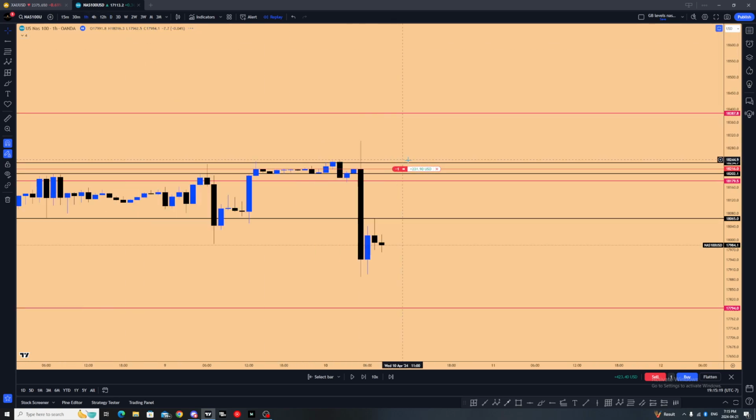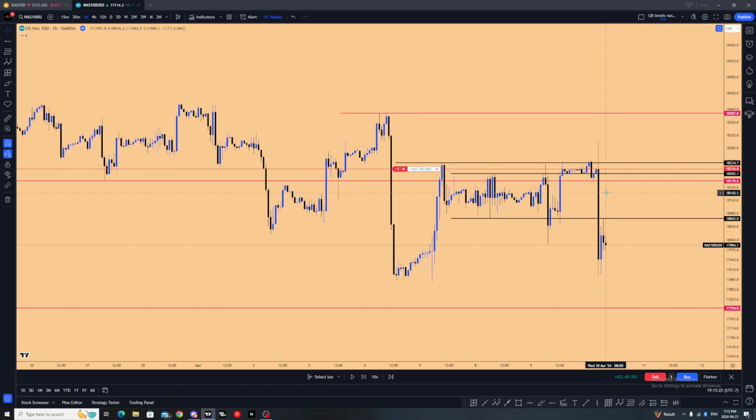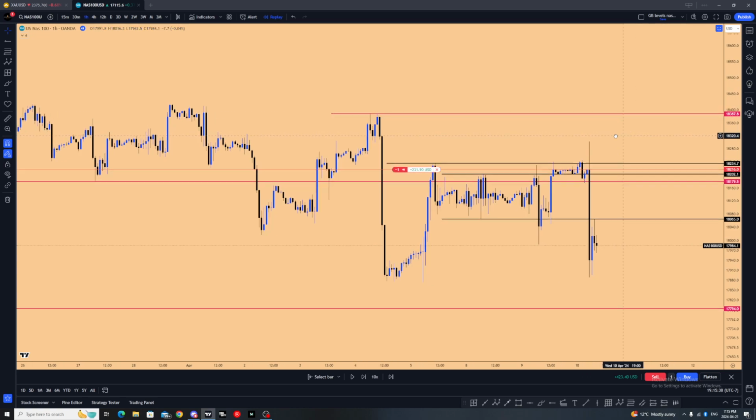So even though I had no idea what the fundamental data was going to do, whether it would come out bad or good, I just knew the technicals. The technicals were suggesting that this is a stop run at the highs, so it should be going lower, and that should be the invalidation.